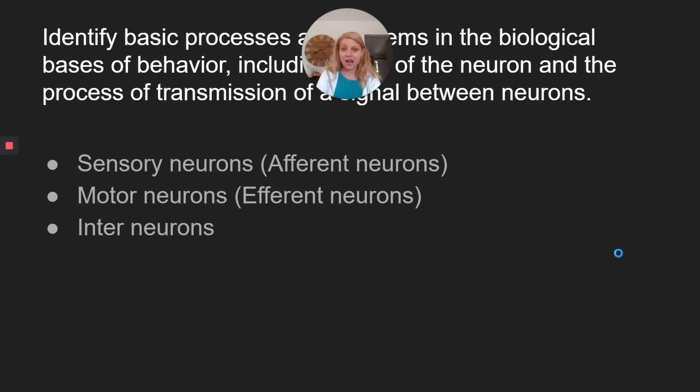A neuron or nerve is the specific type of cell that makes up my entire nervous system. When I say nervous system, that of course includes the brain, but it also includes all of these bundled cable-like fibers that move throughout my entire body, and they are made up of these specific cells known as neurons.